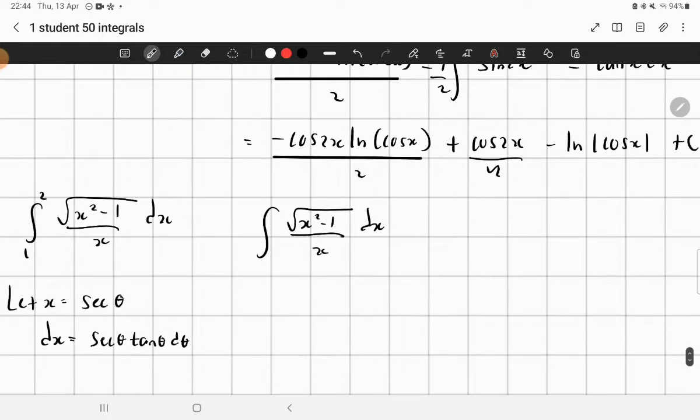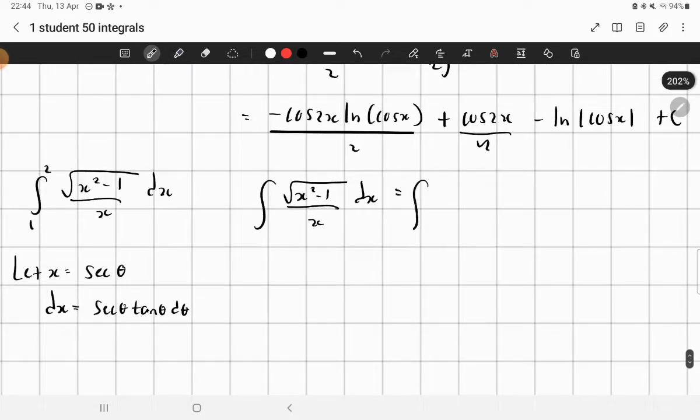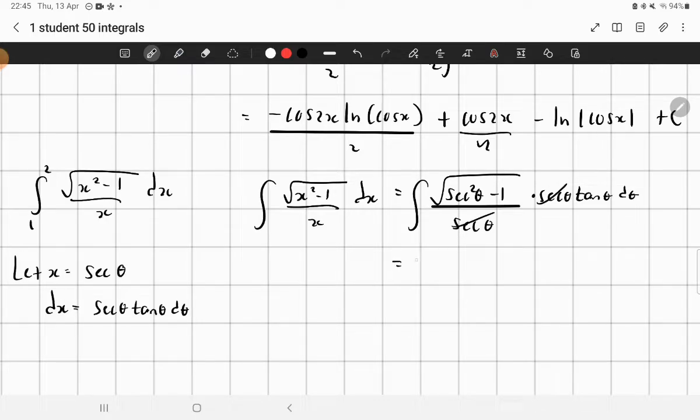So here will be the integral of the square root of secant squared theta minus 1 over secant theta, times secant theta tangent theta d theta. I can simplify further, and the numerator I can express as the square root of tangent squared theta, which is basically the absolute value of tangent theta.